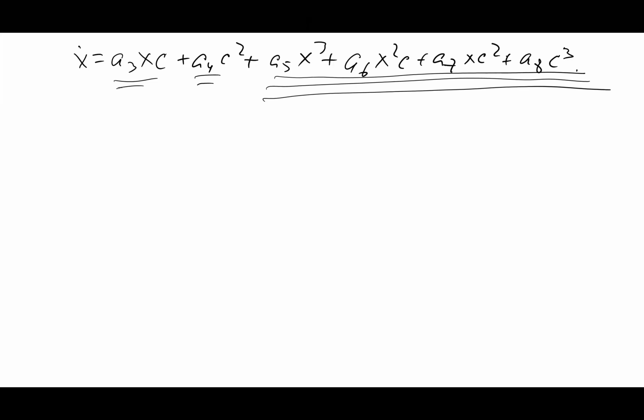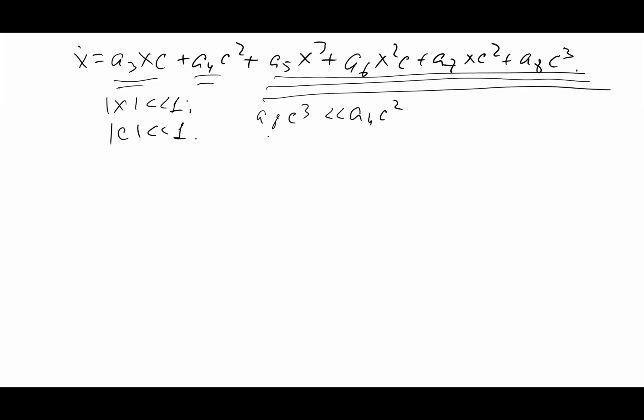So what we know, that x is very small, c is very small, and if these two are small, then for example A8c cubed is much smaller than A4c squared and can be ignored. And same with A7xc squared, also much smaller than A4c squared, for example.